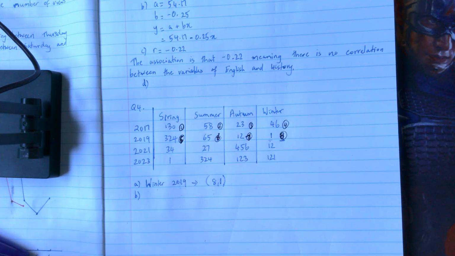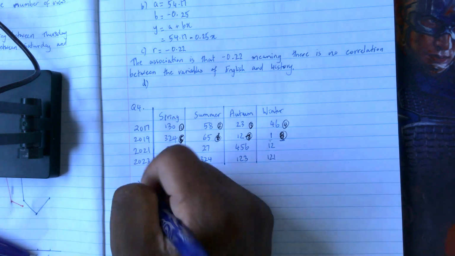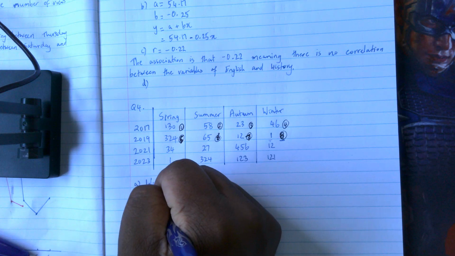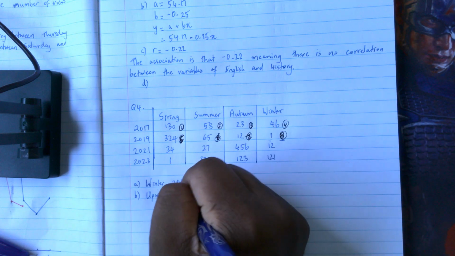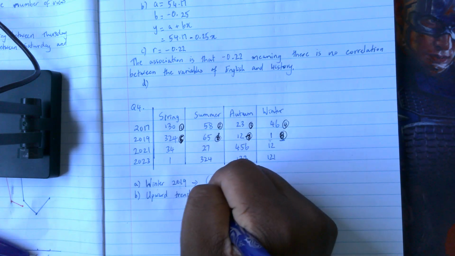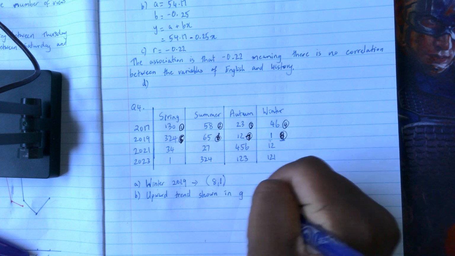In terms of part B, describe the change in this data. You can say from the smooth time series graph, there is an upward trend shown in the graph.